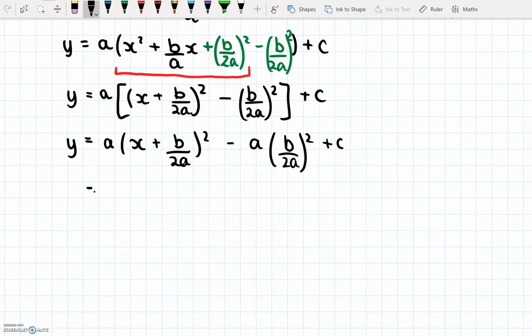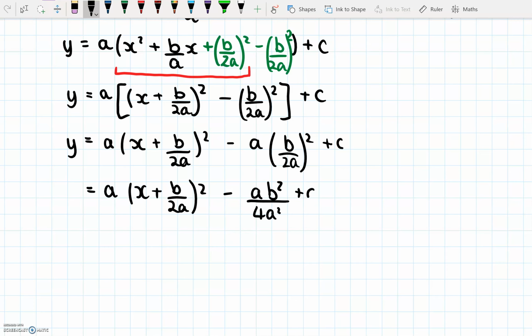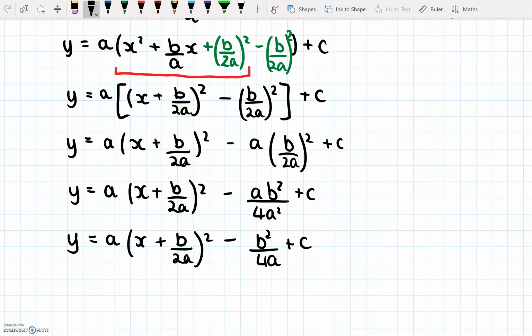We get a(x plus b over 2a) squared minus a b squared over (2a) squared, which becomes 4a squared, plus c. One of these a's is going to cancel out, so we end up with minus b squared over 4a plus c, and that is our formula.